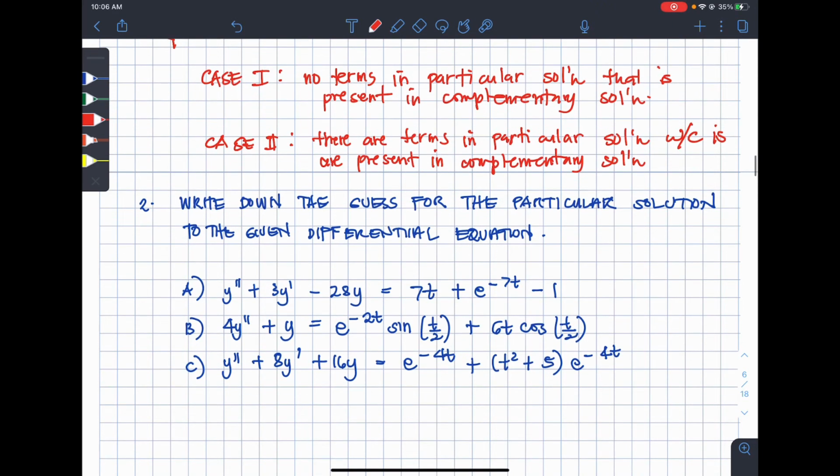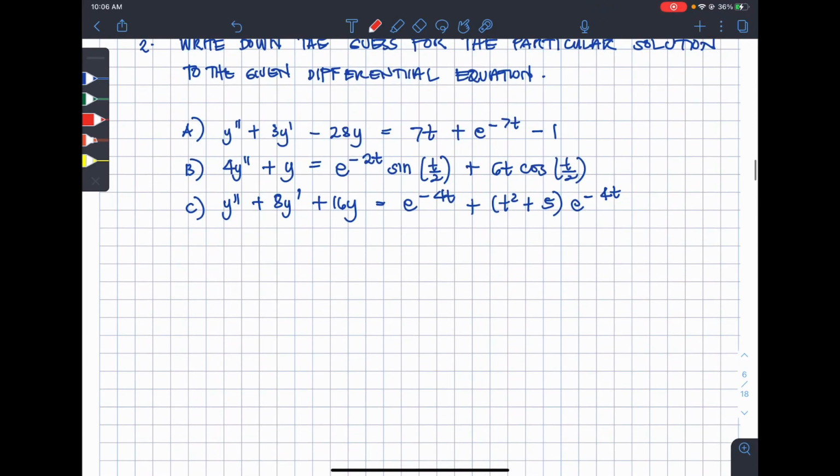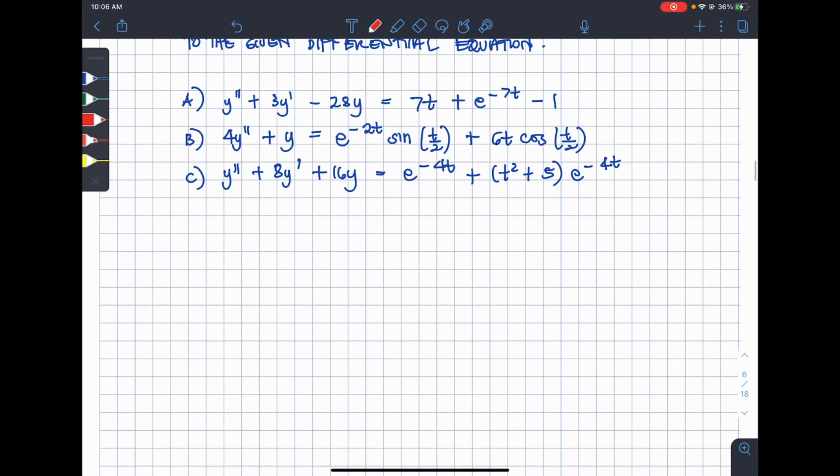So there are terms in particular solution which are present in complementary solution. So that is case 2. So yung case 1, there are no terms in particular solution that is present in complementary solution. So what do I mean with that? So for example, meron tayong higher order differential equation. Example, the first one.